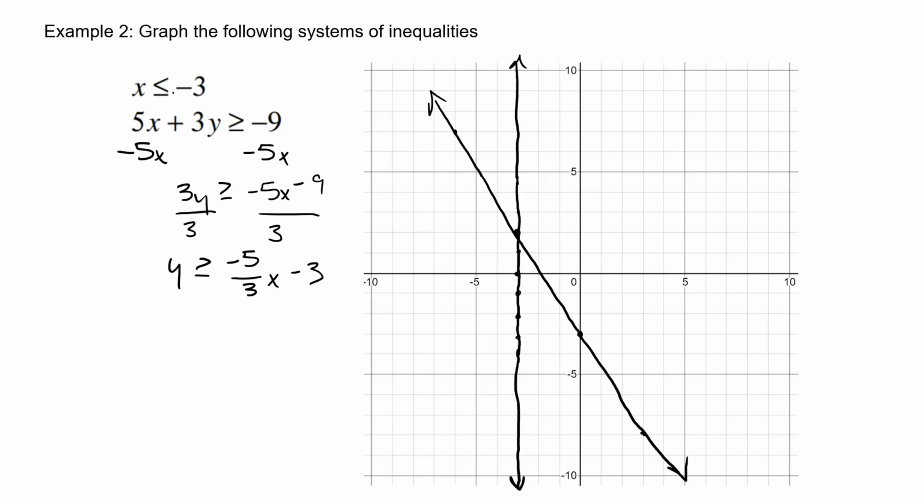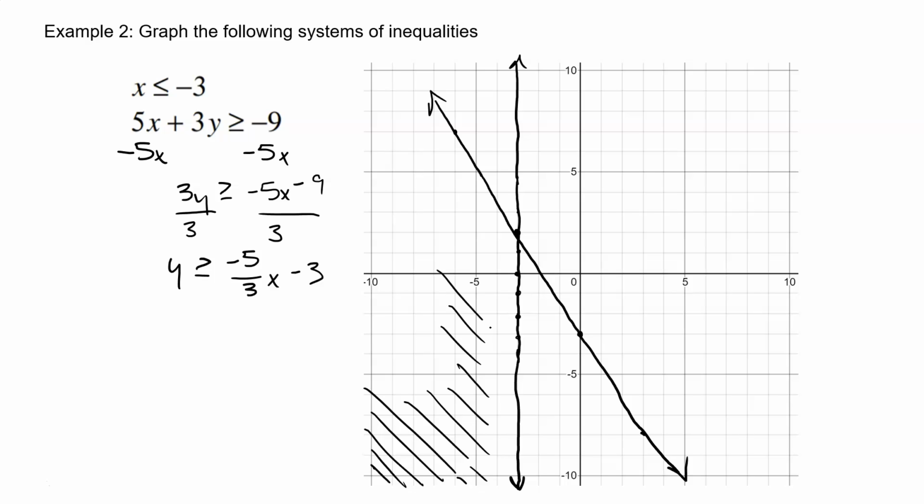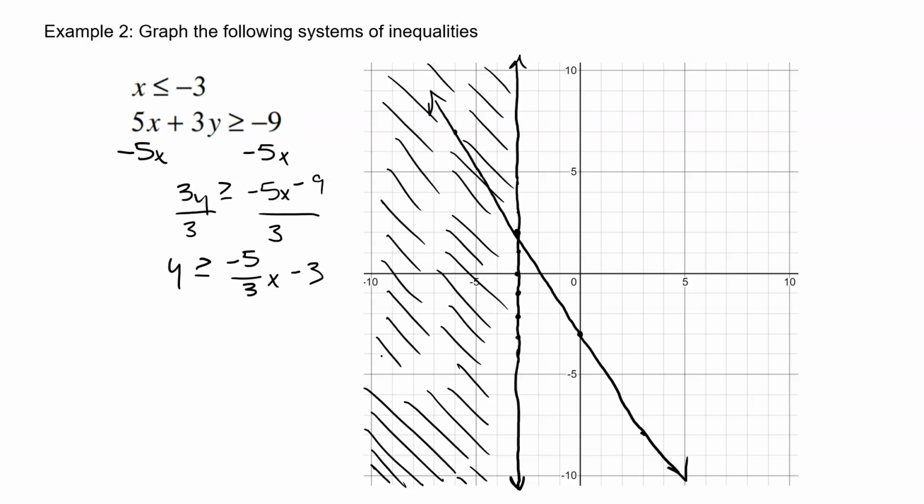So graphing, if it is less than for a vertical line, that means we shade to the left because the numbers to the left are less than the numbers to the right. So I'm going to go ahead and shade everything to the left of my vertical line using hatch marks going this way. And then for my other line, I need to shade above because it is greater than.